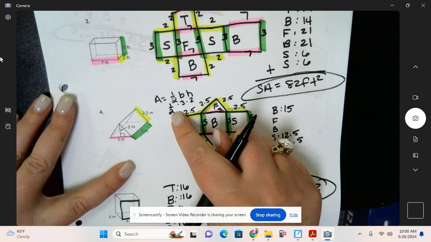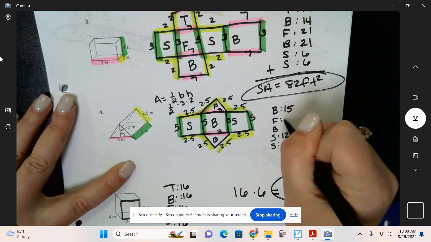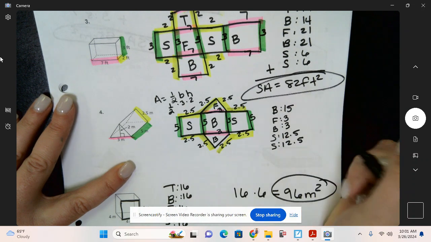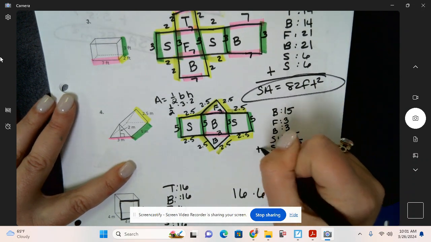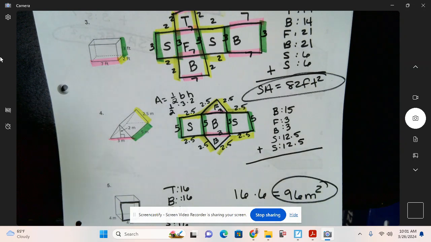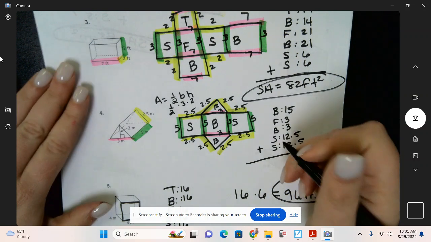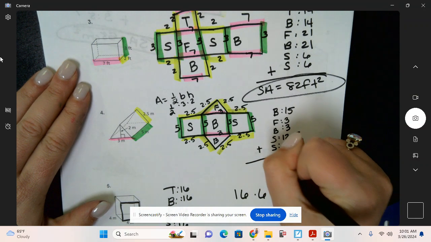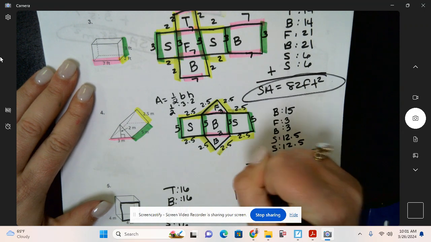Half of 6 is 3. What do we get? 46 meters squared is our surface area.